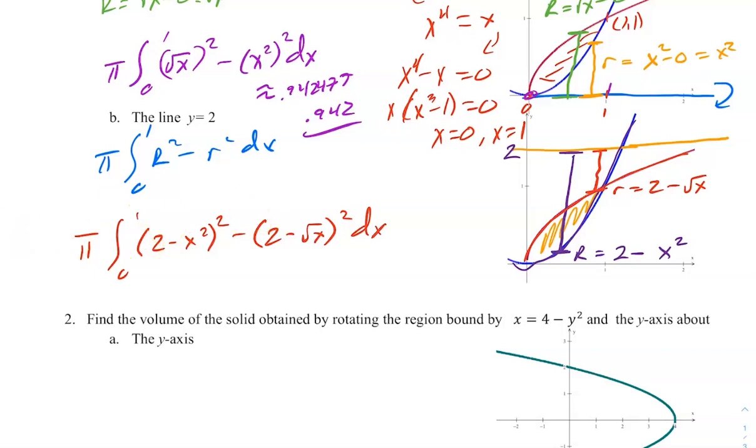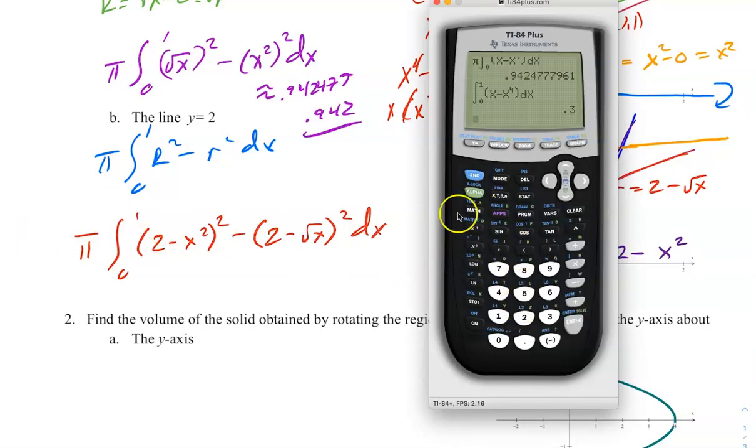And then we're going to type this into our calculator. So I'll put the pi in this time. Pi, math 9, going 0 to 1.